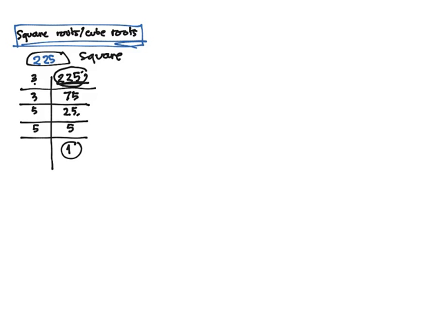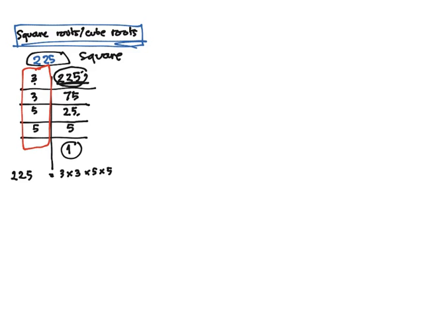Now we need to write down this one as a prime number factorization for 225. So the prime number is 3 multiplied by 3 multiplied by 5 and multiplied by 5.